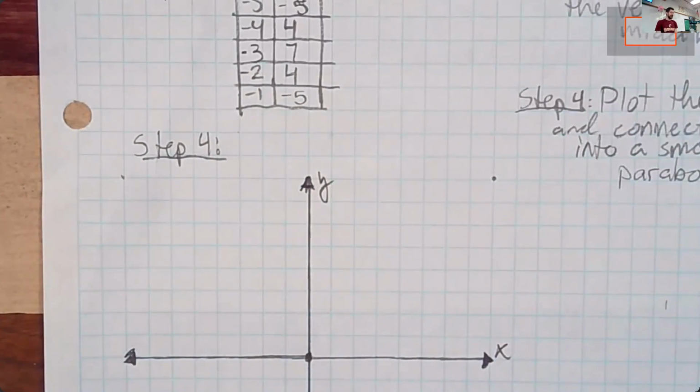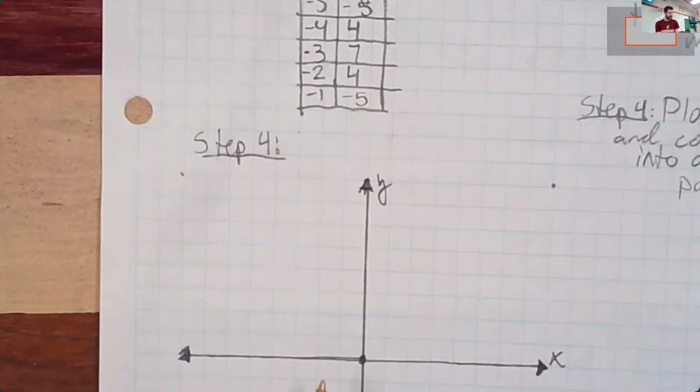I guess it doesn't technically matter since we have our table of values, but does anybody remember what we generally did when we first started graphing these? Yeah, we usually do the axis of symmetry first, right? So the axis of symmetry was that x equals -3. That was the very first thing we did in step 1.